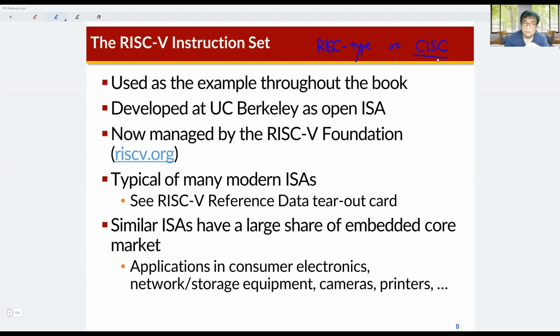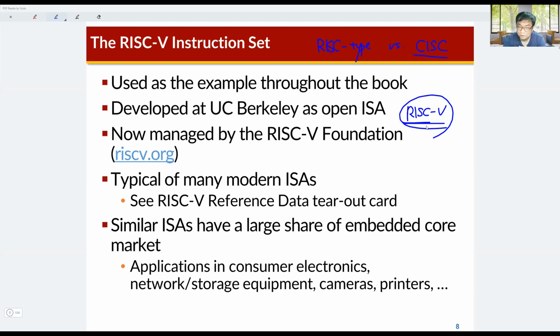Okay, and we will learn about the RISC-V ISA in this course. As you can see, RISC-V includes RISC in its name, so RISC-V is a RISC type instruction set architecture. This RISC-V ISA is an open source architecture.